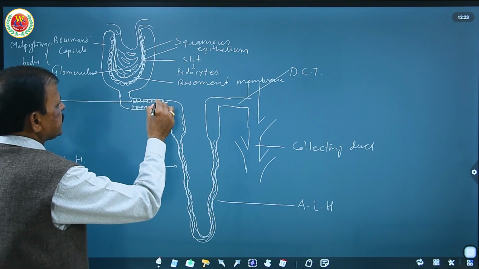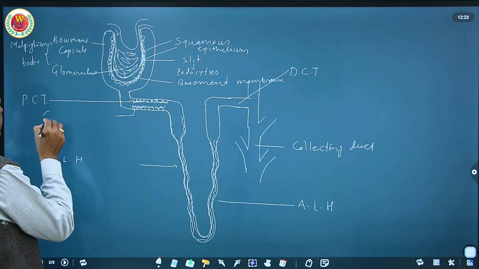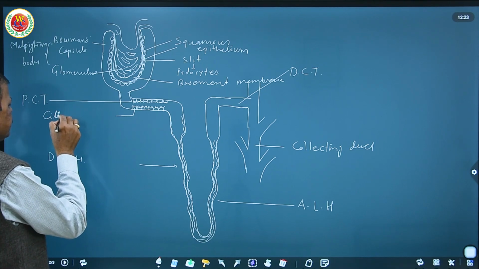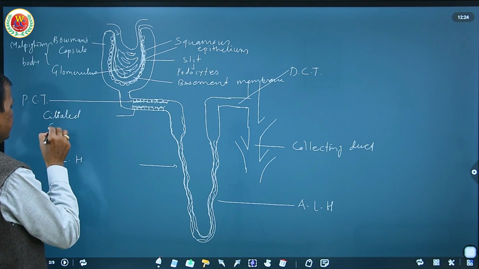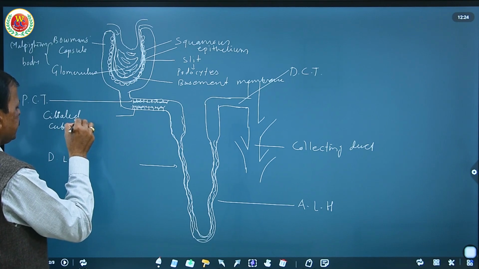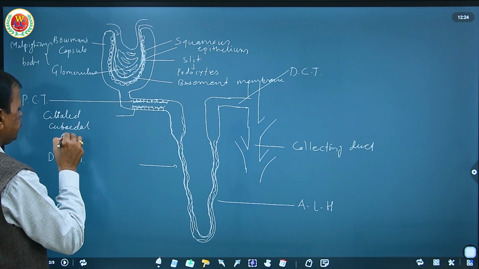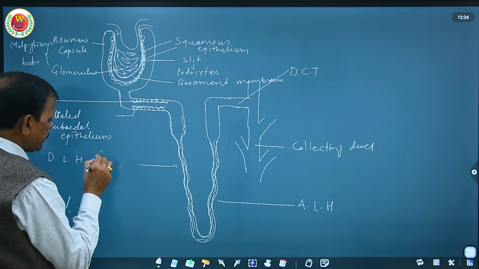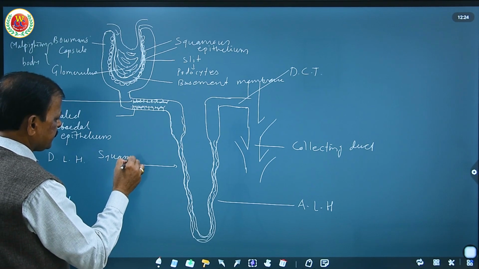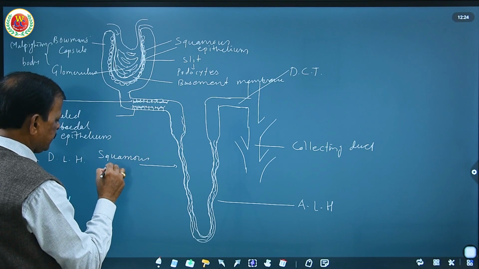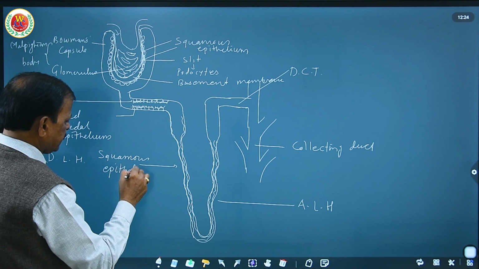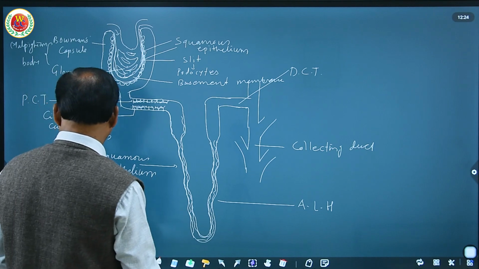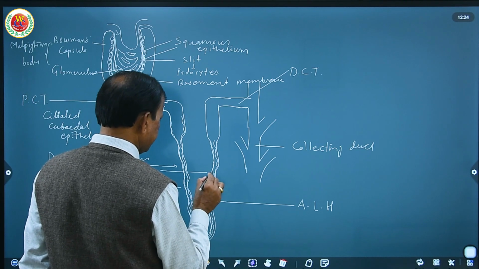So here the ciliated cuboidal epithelium, then squamous epithelium, this is also squamous epithelium.